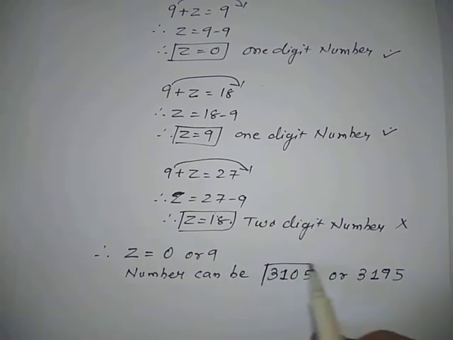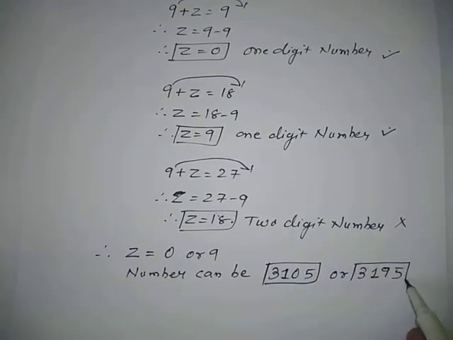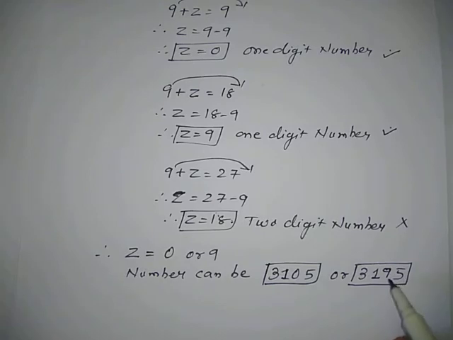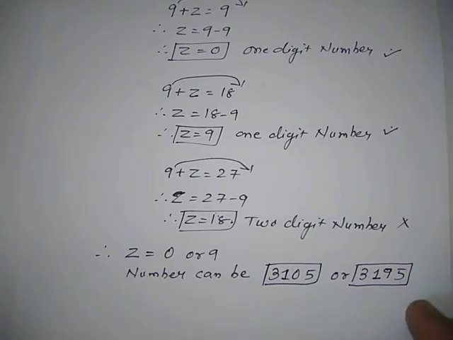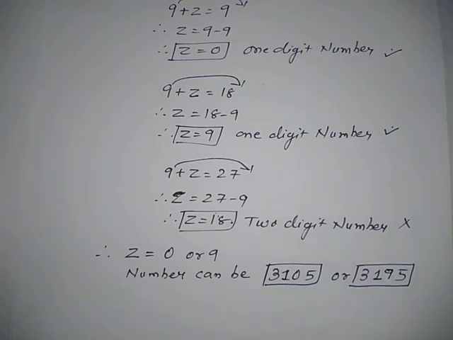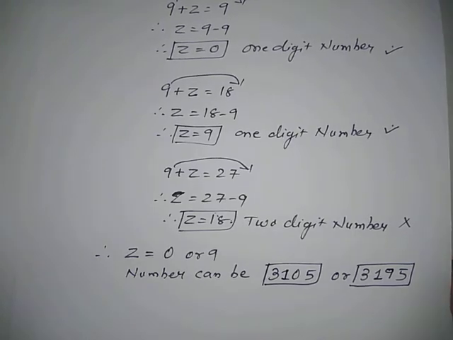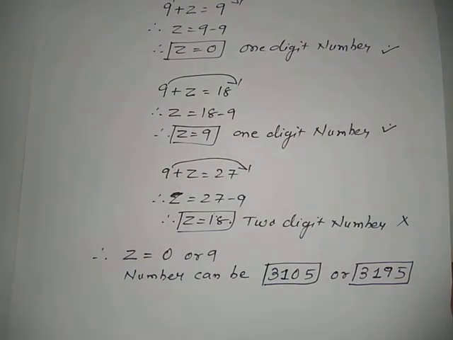So these two numbers can be framed, and they are multiples of 9, easily divisible by 9. Okay, concept clear? Now we proceed to the next two questions, number 3 and 4.